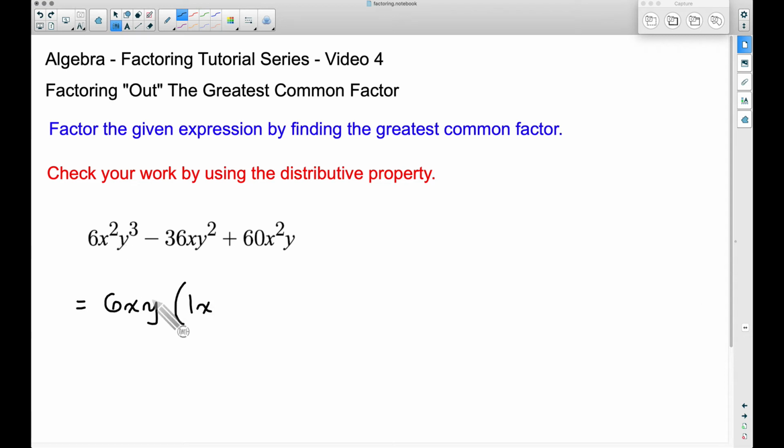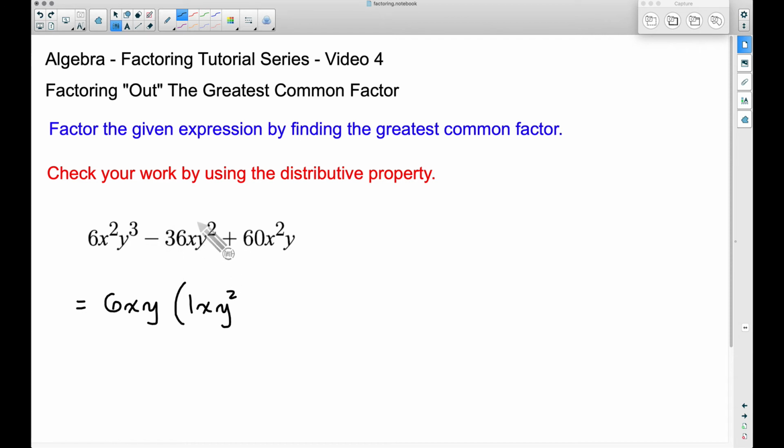And for this y here, y times what will give us y cubed? Y times y squared will give us that y cubed. So this is our first term that we have left over. If we distribute these 2 pieces together, 6 times 1 is 6, x times x is x squared, y times y squared is y cubed.